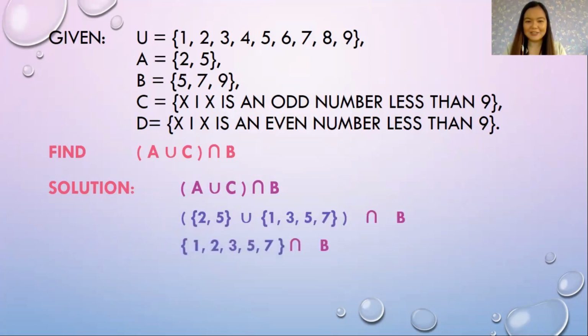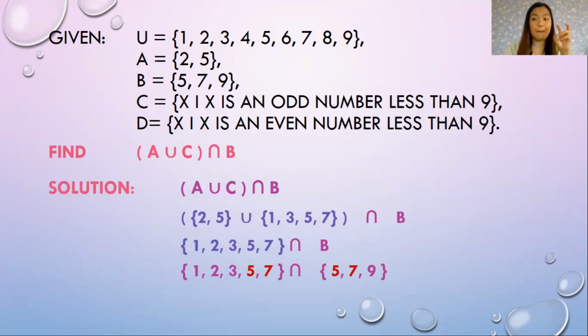Then, pagtapos mo na, i-intersect mo na siya sa B. I-substitute mo na rin yung mga elements sa B at tignan na yung common elements. So, the elements that they have in both sets. Okay. So, you have 5 and 7.